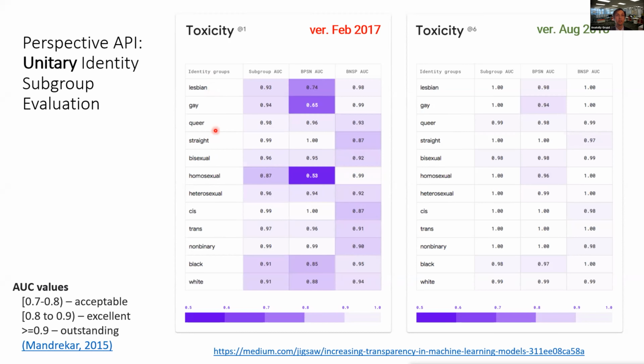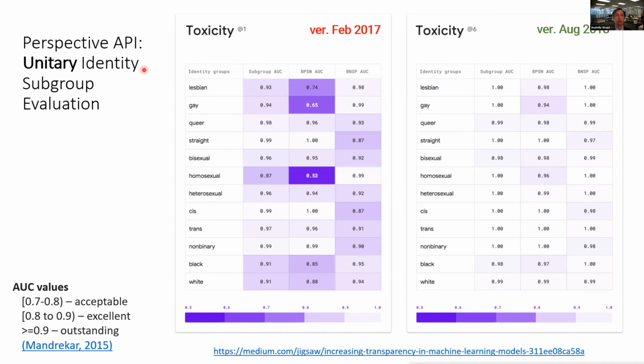This is just a screenshot, and the link is on the slide, and we will share all the slides by next week on the Bootcamp website, so you can have all the clickable links to explore further. But essentially, words like lesbian, gay, queer, straight, and so on relate to different identities. These are single words, assuming that a person belongs to one single identity. That's why this test is called unitary identity.